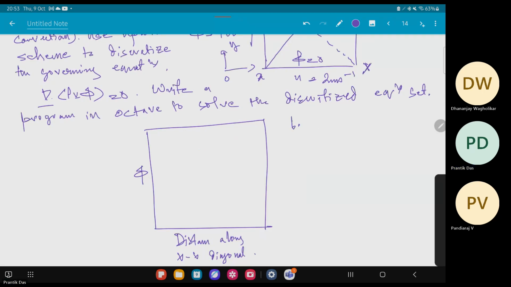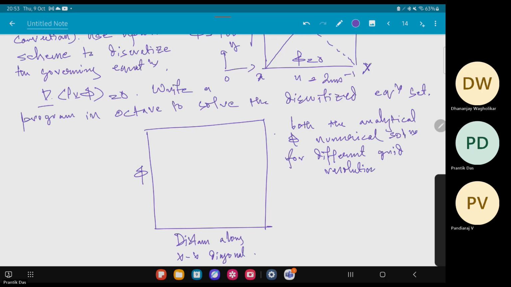Plot both the analytical and numerical solution for different grid resolution. The analytical solution, since it's a pure convection problem, will typically be like this.